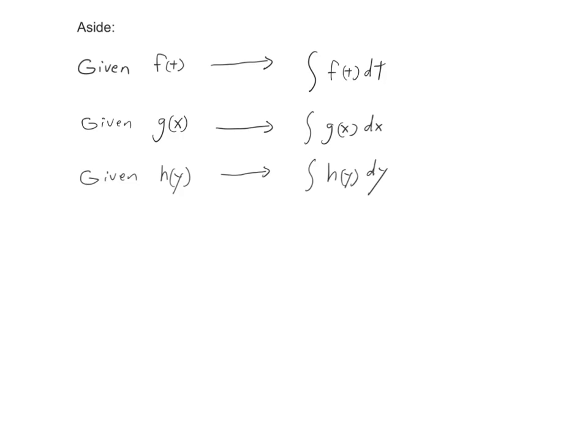And likewise, if I was given a function h that depended on some variable y, so h is a function of y, then if I wanted to integrate it with respect to y, I would write it like this. Okay, so previously I was typically using f of t. We're given a function of time, but we can be given a function of some other variable as well, and we can easily express the integrals of those.